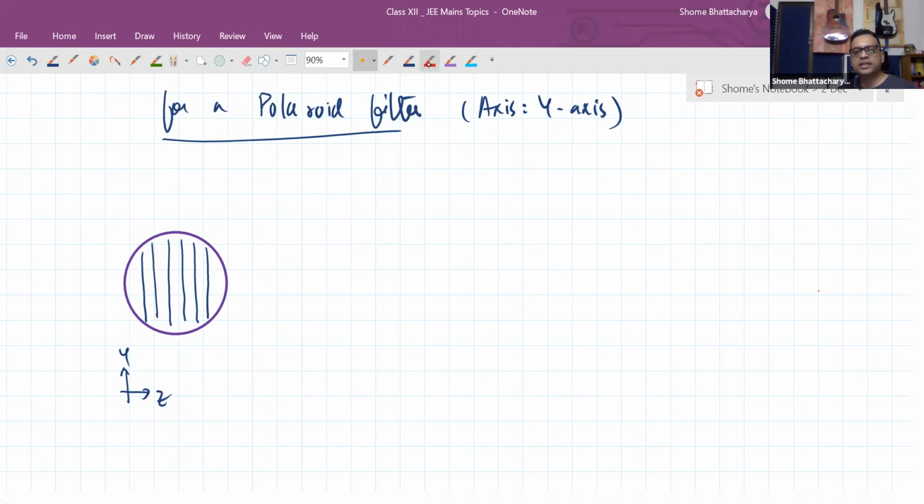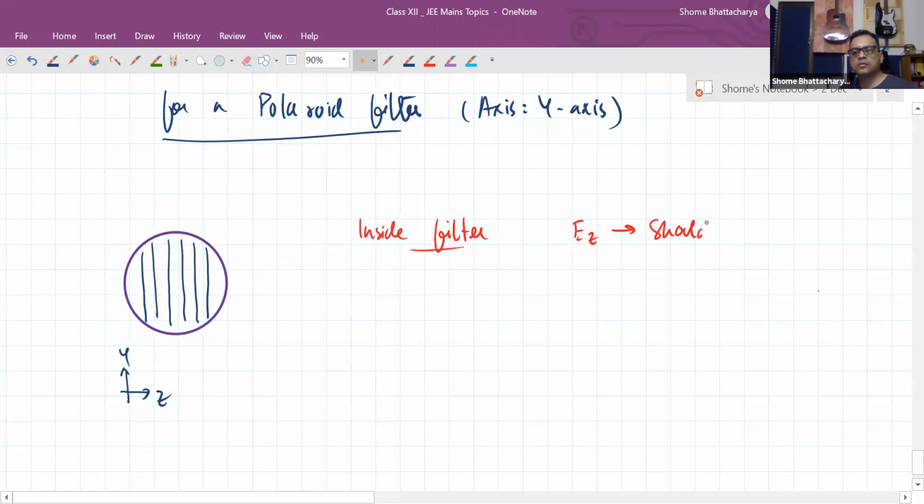So what should happen is that inside this filter, the Z component of electric field should get cancelled by some induction kind of effect, let's say.